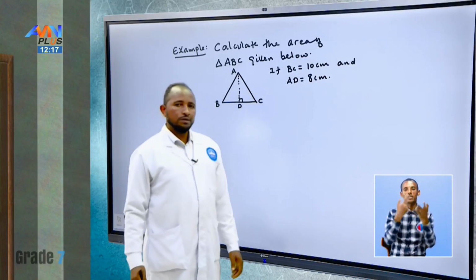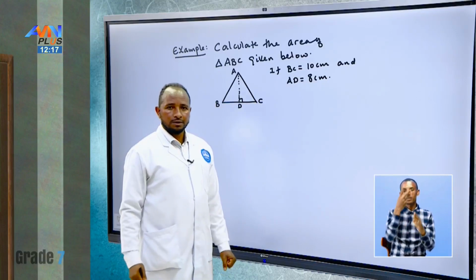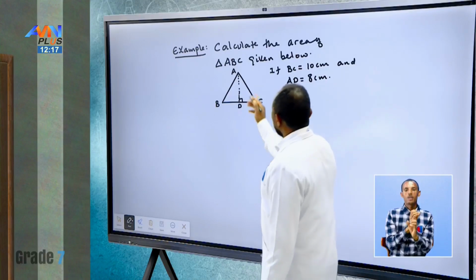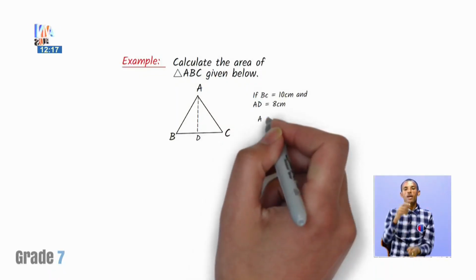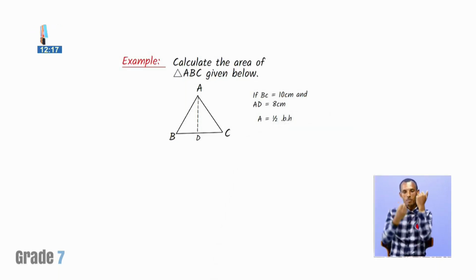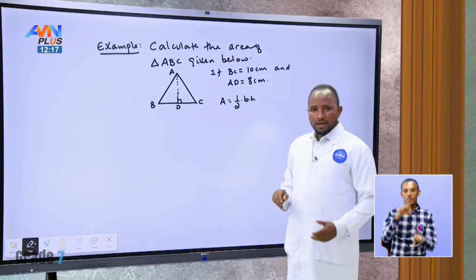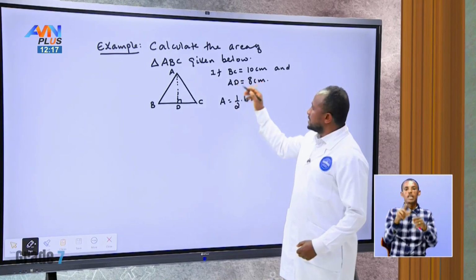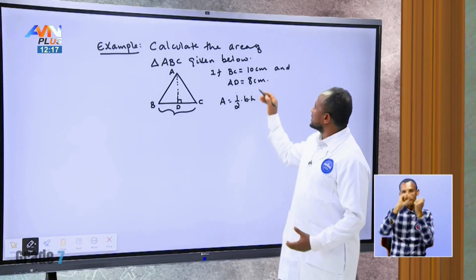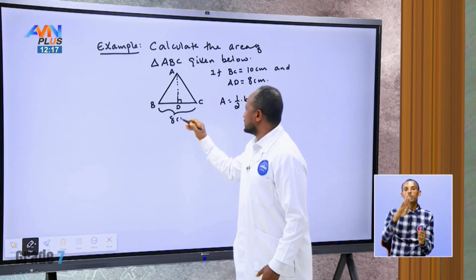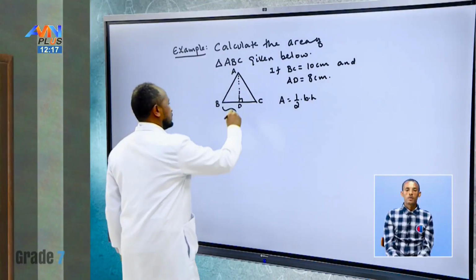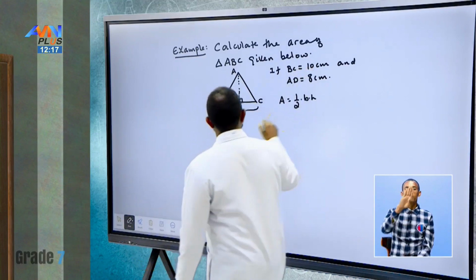Students, have you tried the question? Good. Now let's see the answer. To calculate the area of this triangle, area is equal to half times base times height. In this case, the length BC is given, BC is this 10 centimeter.